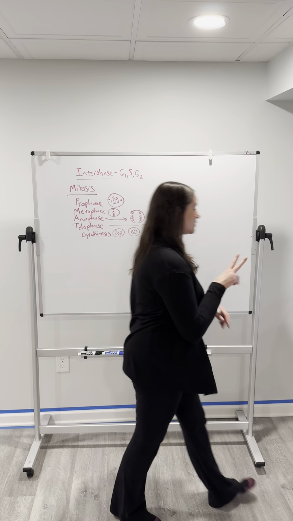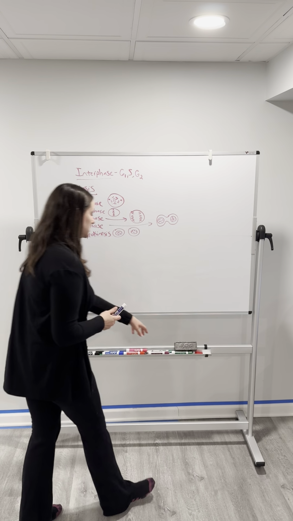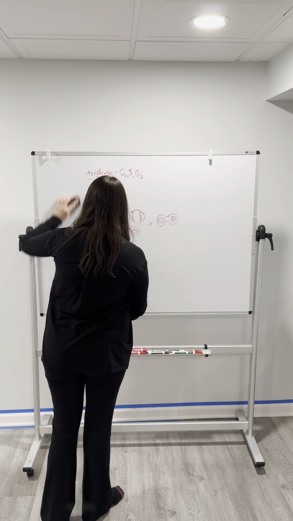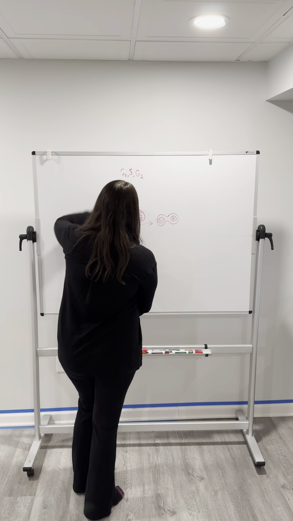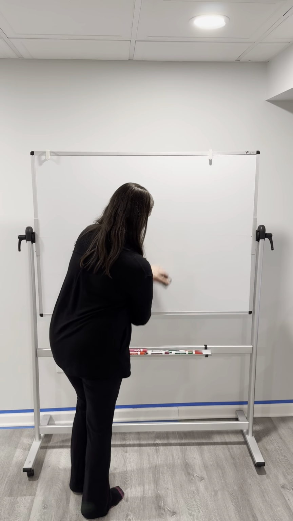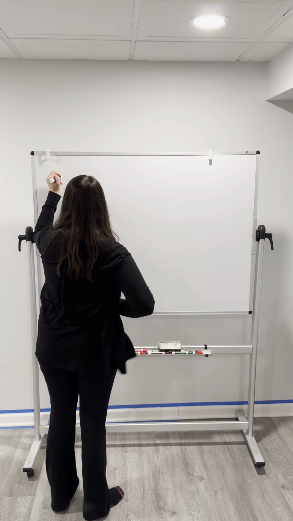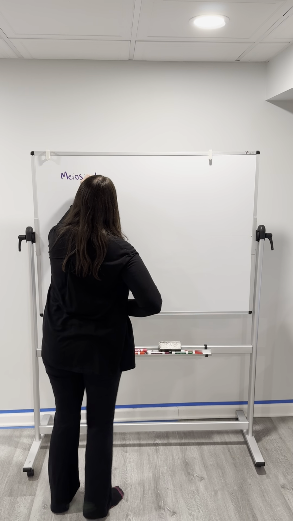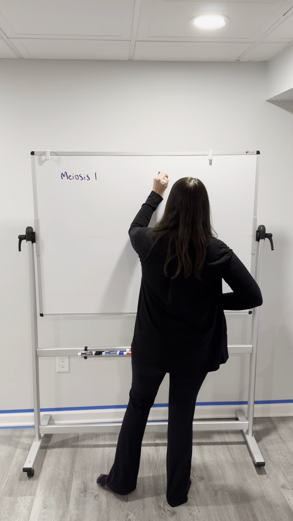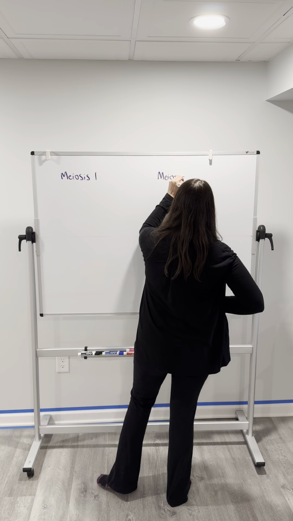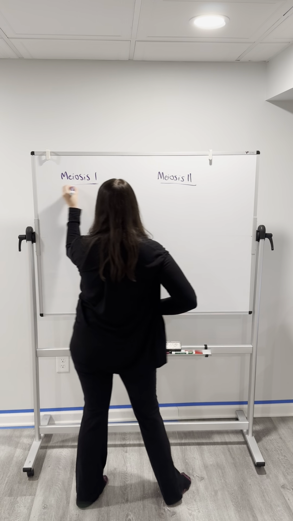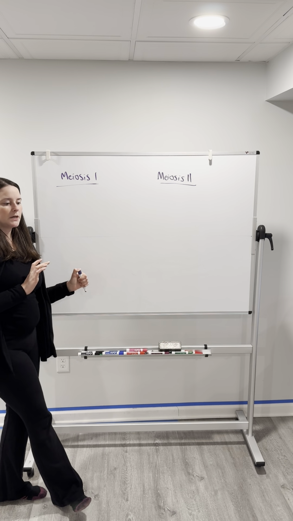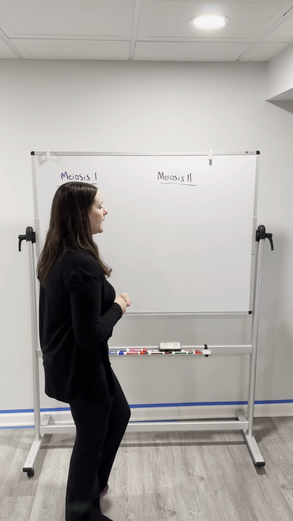So there's two different divisions in meiosis, so let's go through those. There's meiosis 1 and meiosis 2. So a few different things happen from mitosis to meiosis.